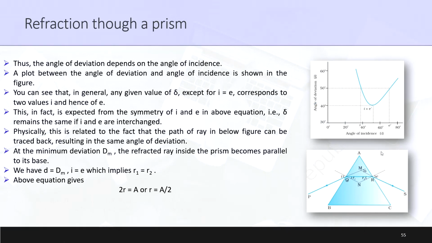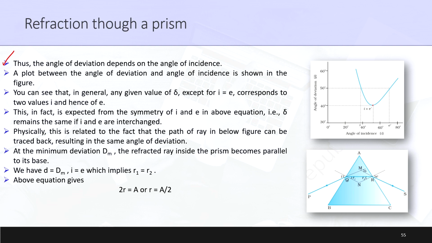Let us move on. Thus, the angle of deviation depends on the angle of incidence, quite evident. As the angle of incidence keeps changing, you can find different angles of deviation. Now, a plot has been created here between the angle of deviation, delta, and the angle of incidence.